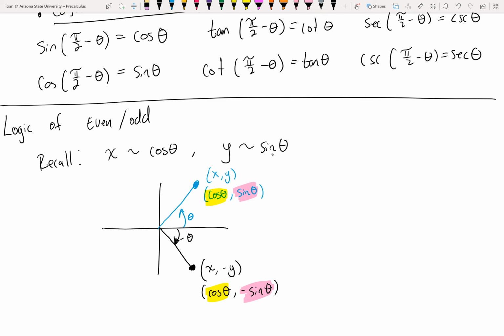Now, where do we get the tangent relationship? Well, remember that tangent is just the quotient of sines and cosines. So if we're in the negative region, if I were to divide those two guys, negative sine divided by positive cosine, of course we get the negative tangents. So from this picture, we can see that if I take the cosine of a negative angle, what do I get?